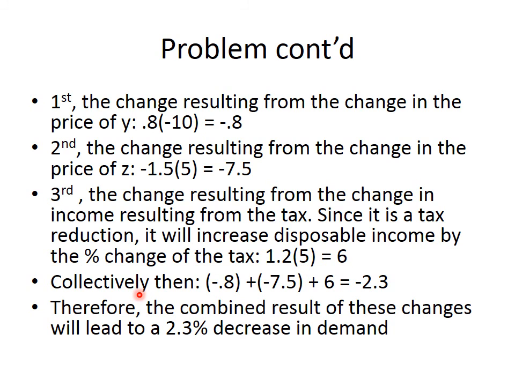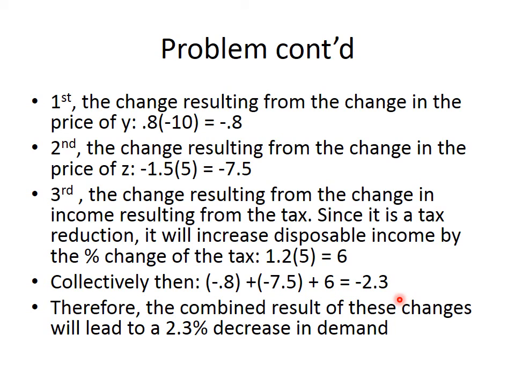Collectively, then, what do we have? The change in the price of related good Y is going to lead to a negative 0.8% change in demand. The change in price of related good Z is going to lead to a negative 7.5% change in demand, and the change in income is going to lead to some good news on this count, a 6% increase in demand.